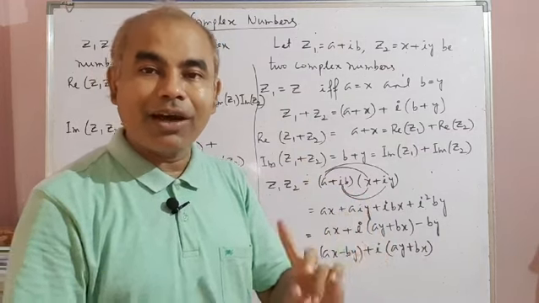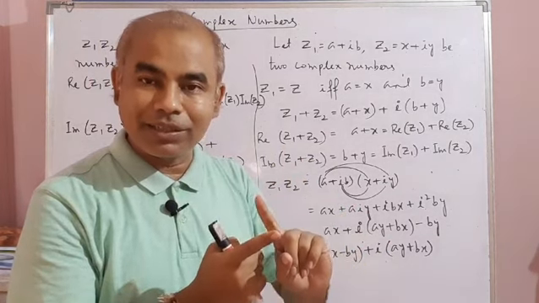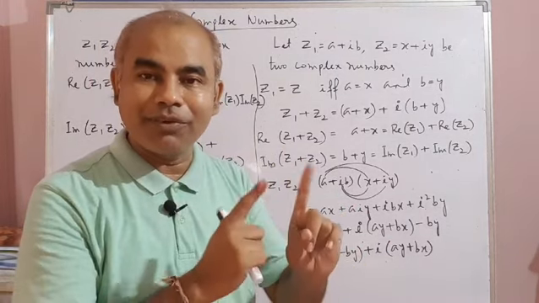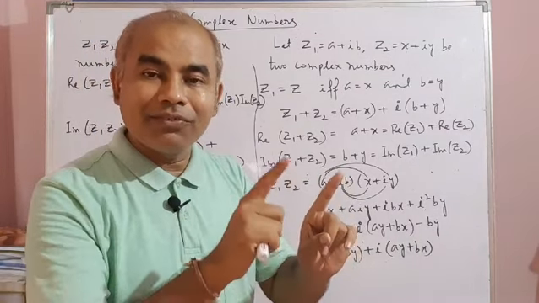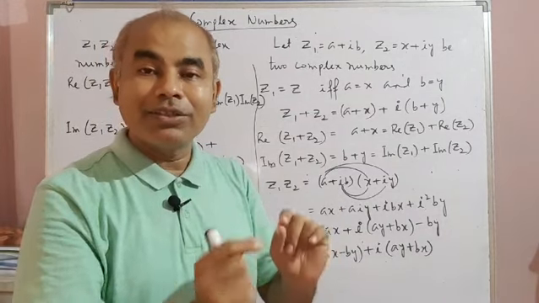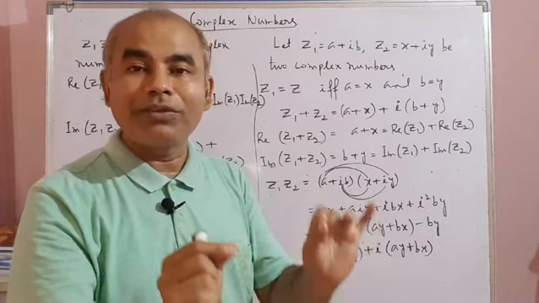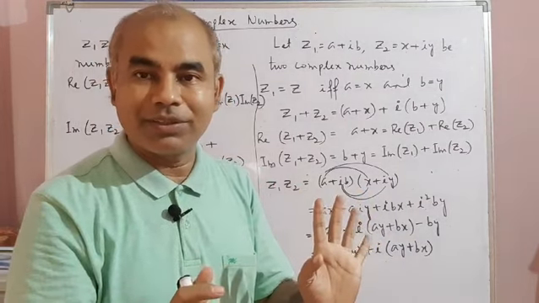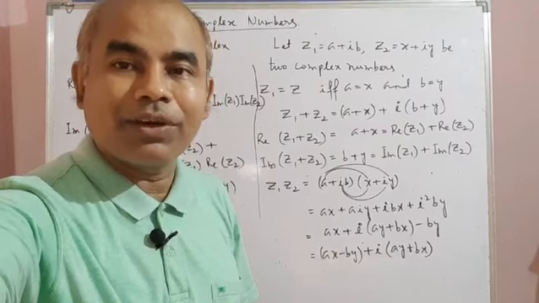Okay, now come to the division. As I told you, when you divide two complex numbers, say first complex number divided by second complex number, actually it is the first complex number multiplied by the reciprocal of the second complex number. So what is the reciprocal? That we should know first before going to discuss division.